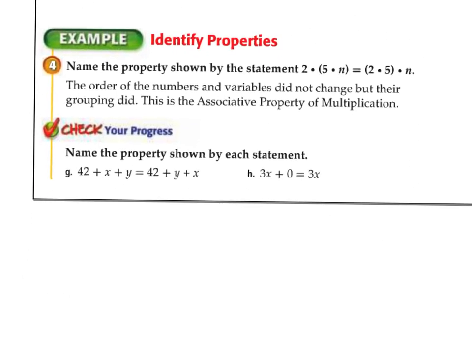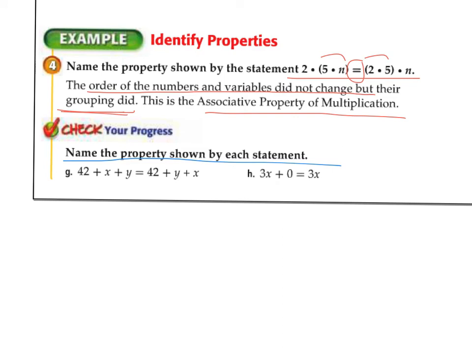So here you can determine which is which. Just like here, example 4, it says, to describe this, and they notice that the grouping changed, but the value stayed the same. So the order of the numbers and variables did not change, but their grouping did. Since their grouping changed, that's the associative property of multiplication. So if we were to name the property down here, I noticed that X and Y changed order.